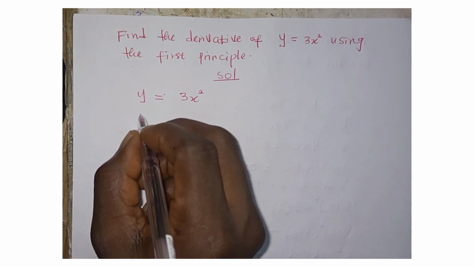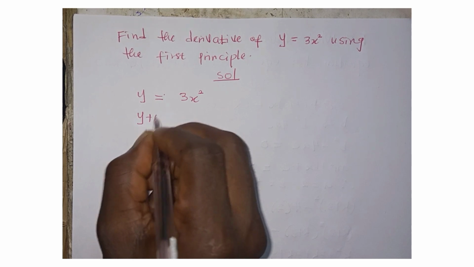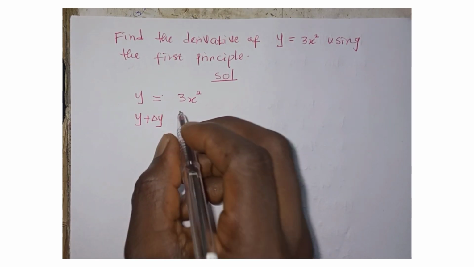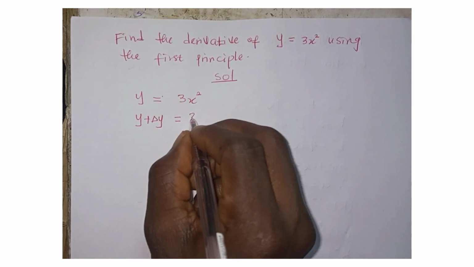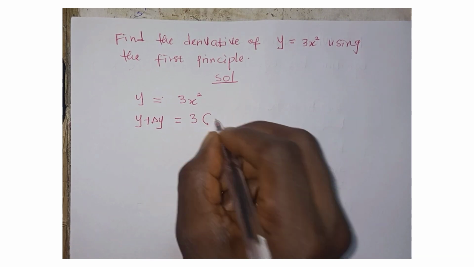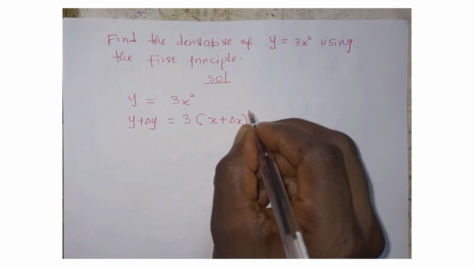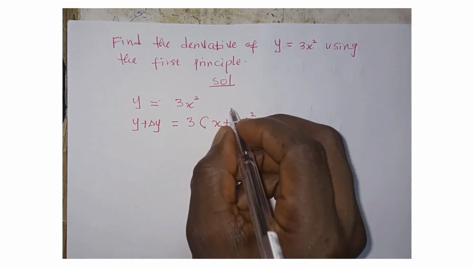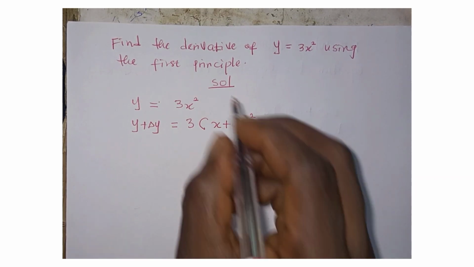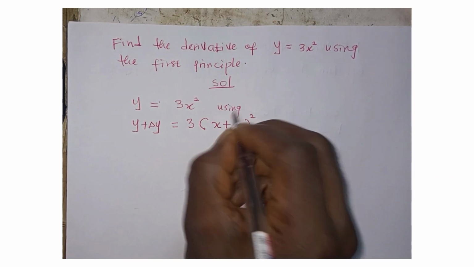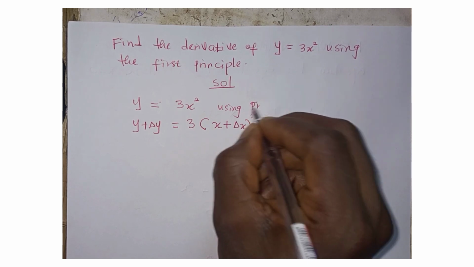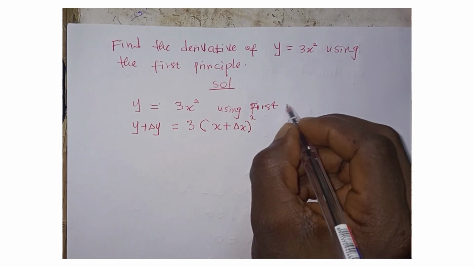So it will now be y plus change in y equal to 3 into brackets x plus change in x all squared. Don't forget you are using first principle.